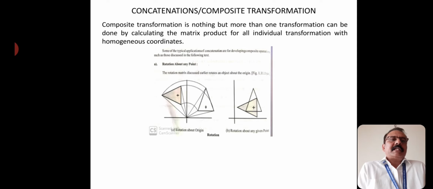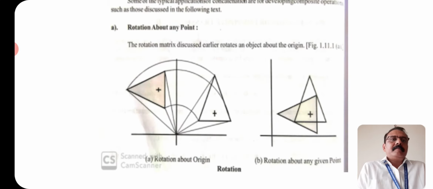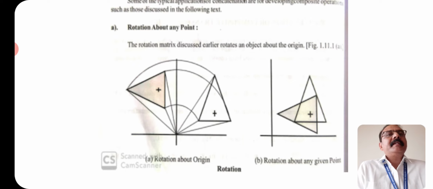Concatenated or composite transformation means that more than one transformation can be done at a time by calculating the matrix product of all the individual transformations with homogeneous coordinates. Let us see some typical cases. The first case is rotation about any axis. Previously, we have seen rotation of an object about the origin.